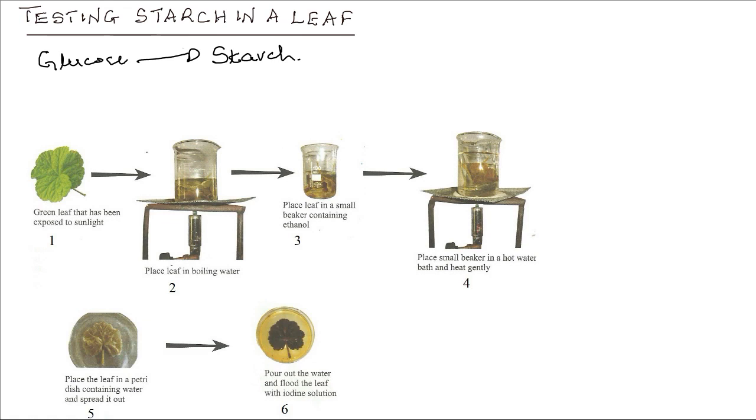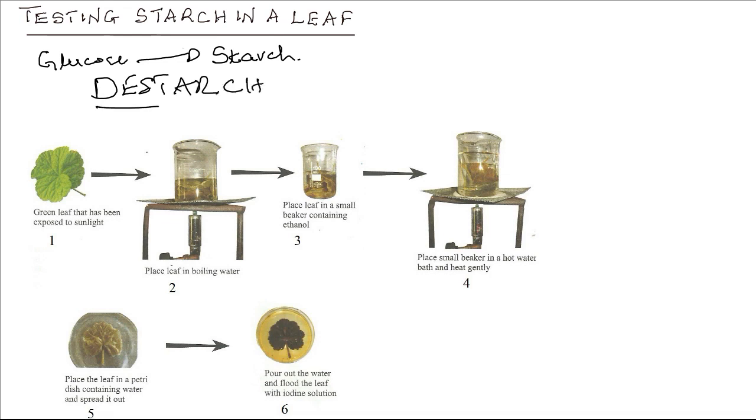Once destarching has taken place, the plant is then exposed to sunlight for a period of 4 to 6 hours, also making sure that all the other factors necessary for photosynthesis, like water, temperature and carbon dioxide, are present and optimum.